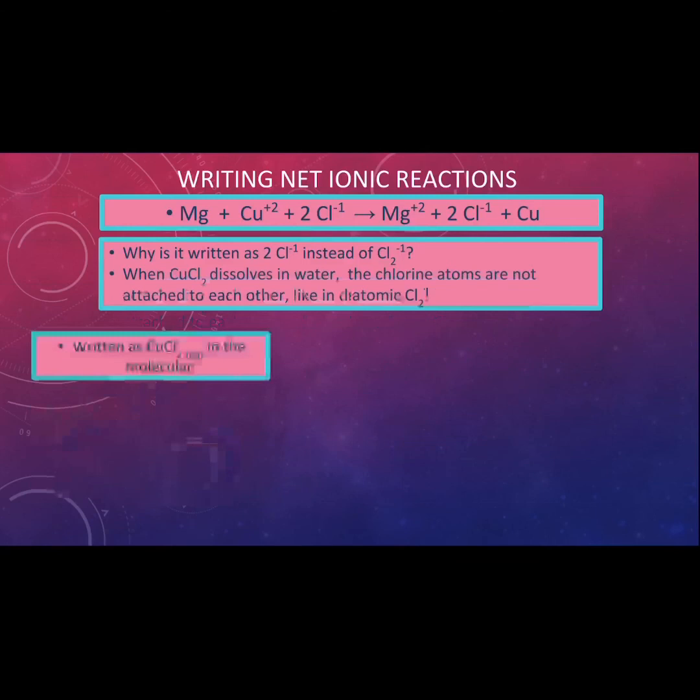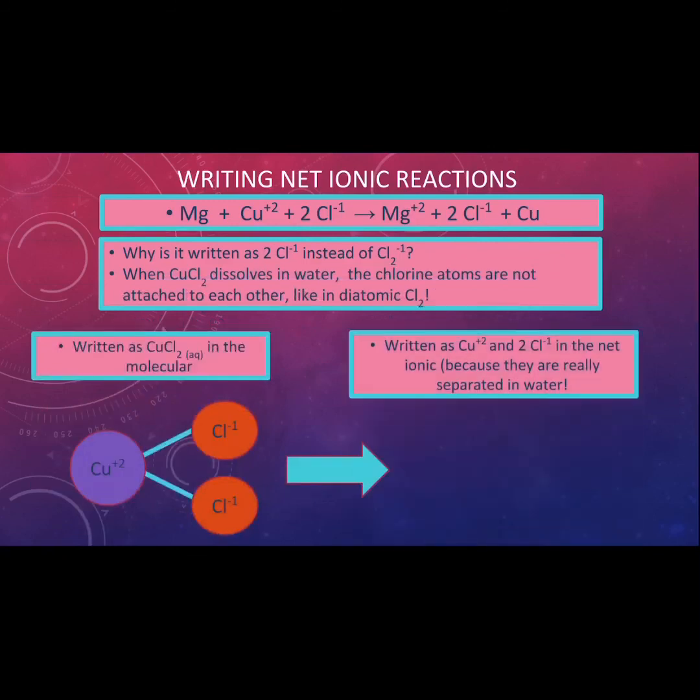So this is what it's written out in our molecular formula, which is what we started with, CuCl2. Each chlorine is attached to my copper. And then this is how we actually are writing it out.